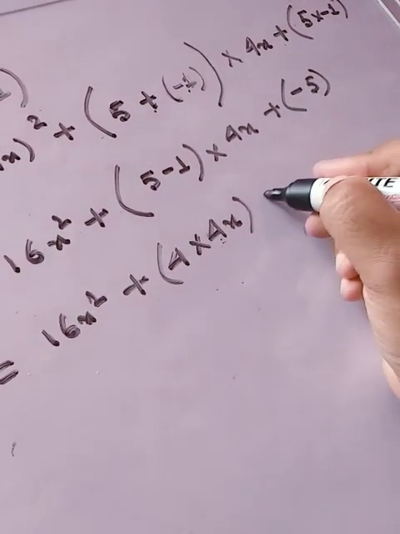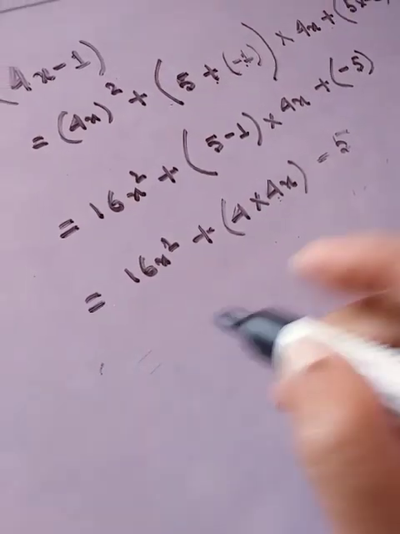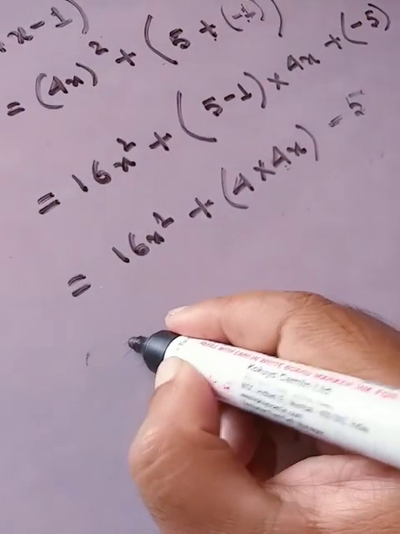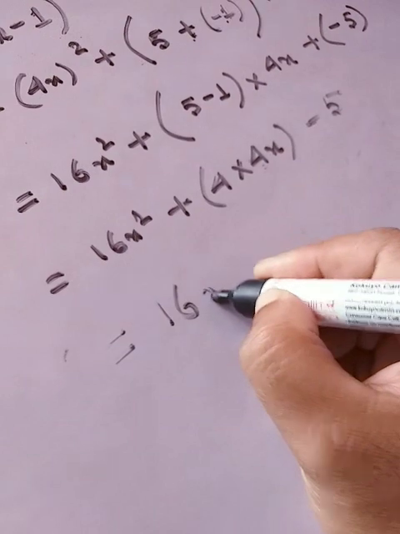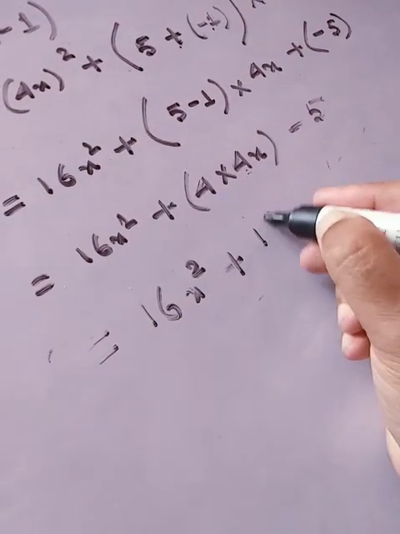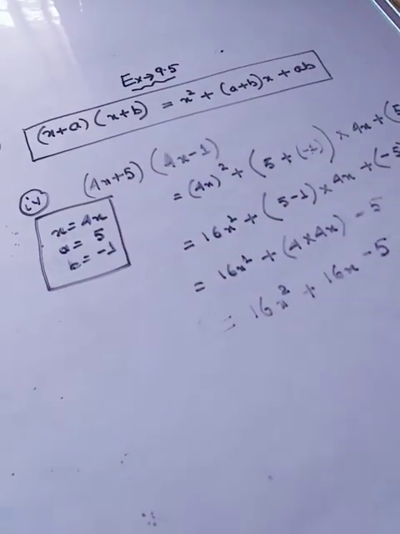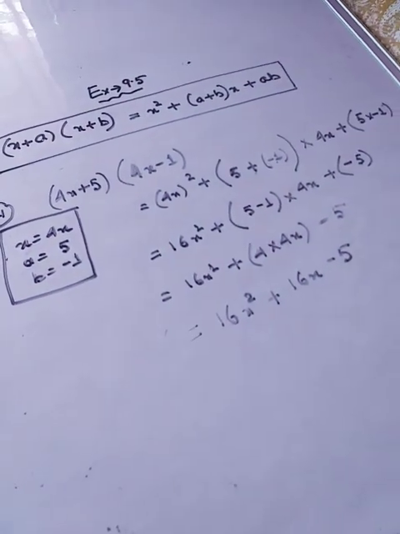Plus minus is minus 5. Now what will be this? 16x square plus 4 4s are 16x minus 5. Now this is the solution of sum number 4.